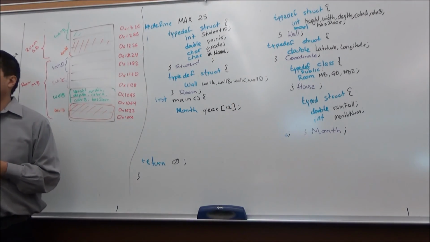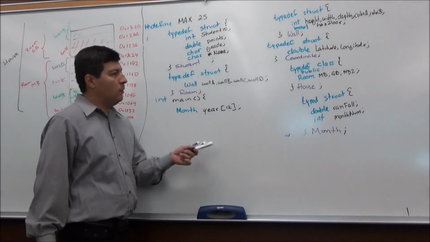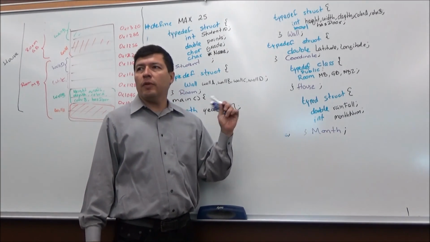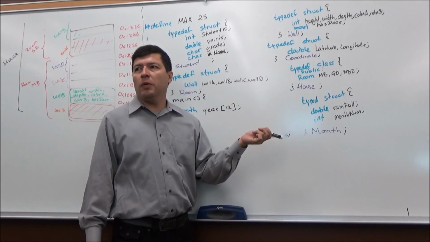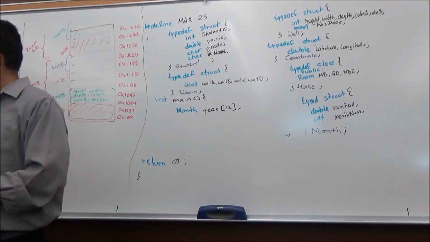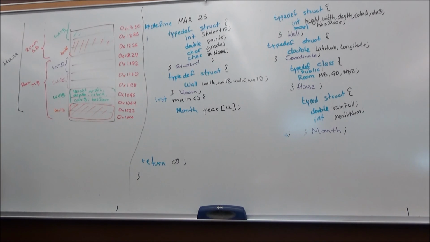And then if you sorted the array by rainfall, then element 0 will be the lowest and element 11 will be the highest rain. So, let's pause this. There's something else I want to do before I move forward.